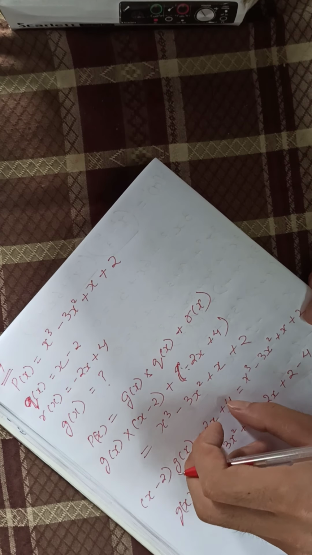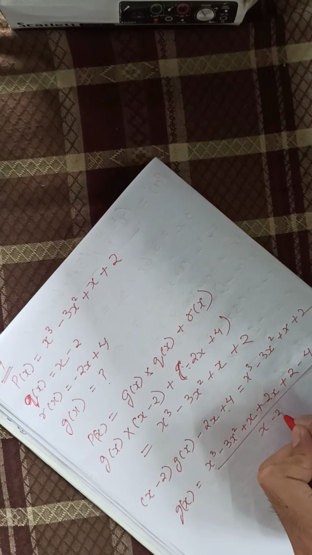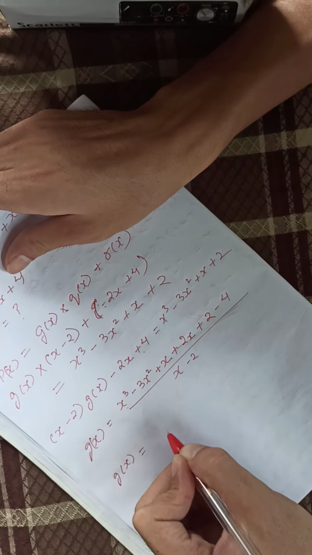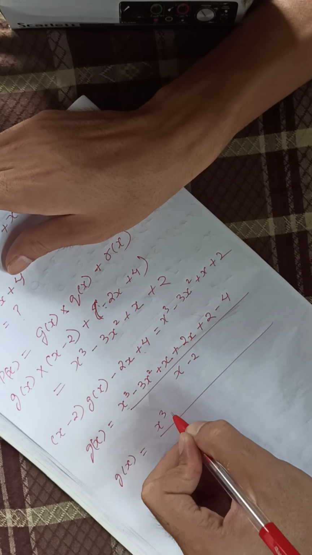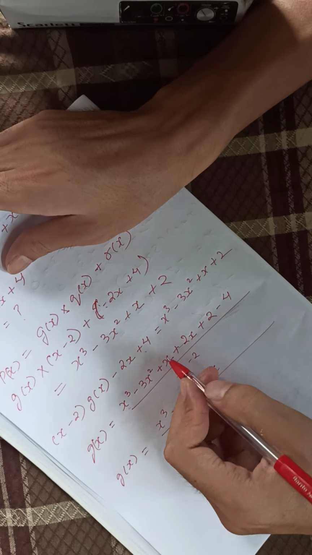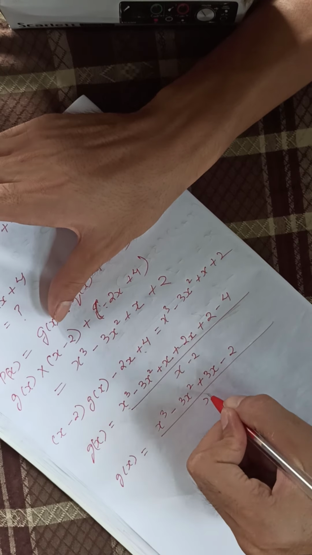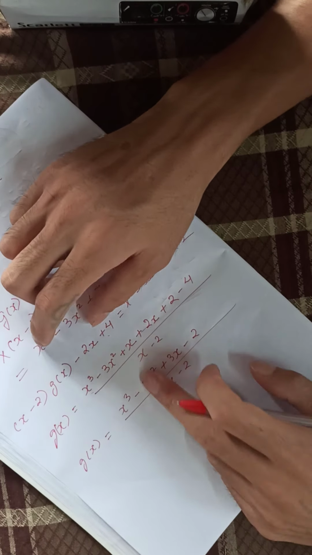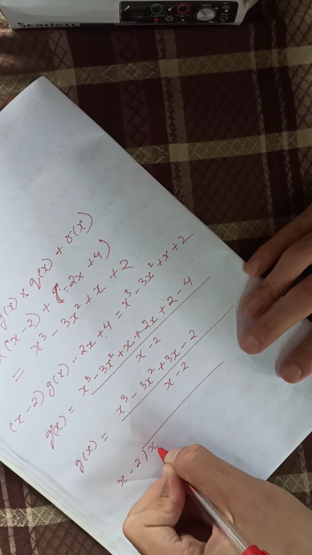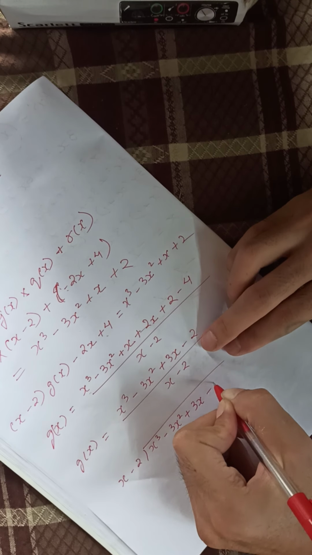We're shifting this from left hand side to right hand side, divided by x minus 2. So g(x) will be x cubed minus 3x squared plus 3x, x plus 2x is 3x, 2 minus 4 is minus 2. So let's divide this into this, then we'll get this one: x cubed minus 3x squared plus 3x minus 2 divided by x minus 2.